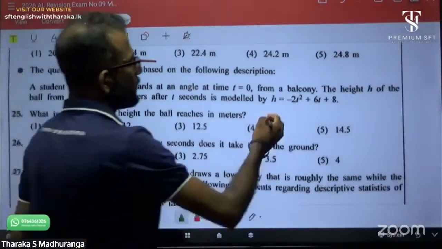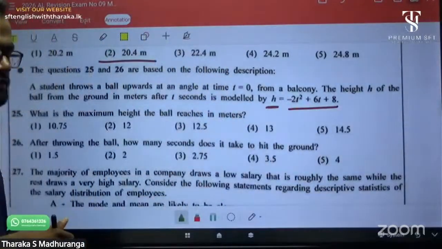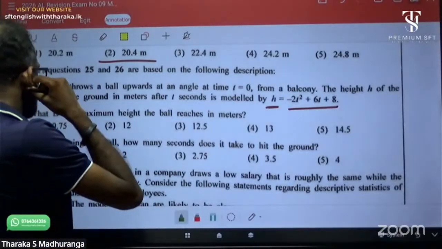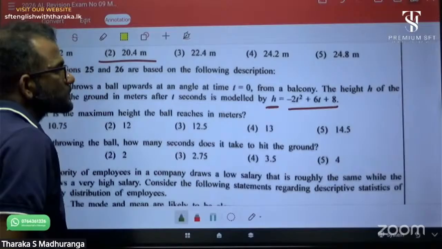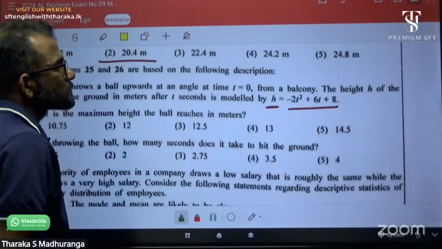The maximum height means h, right? The model is given. Okay, that's a good question.